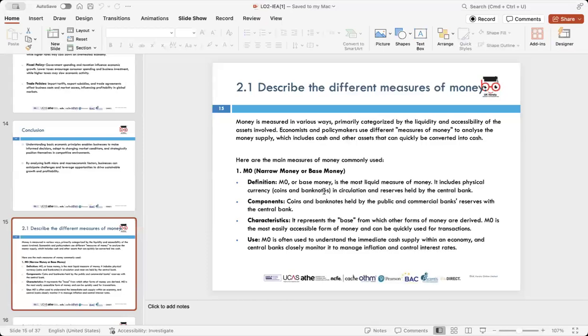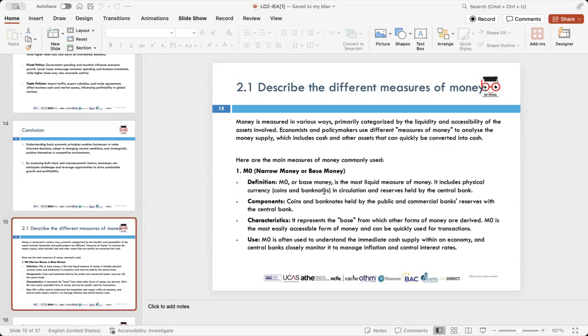Okay. Describe the different measures of money. Money is not just about physical cash, it includes various assets that can be quickly converted into cash.